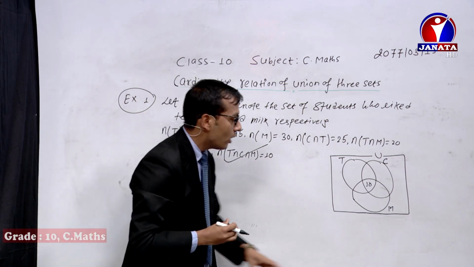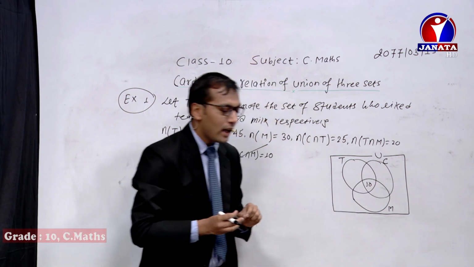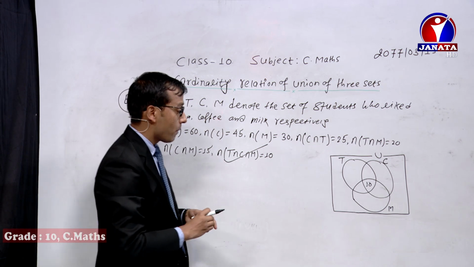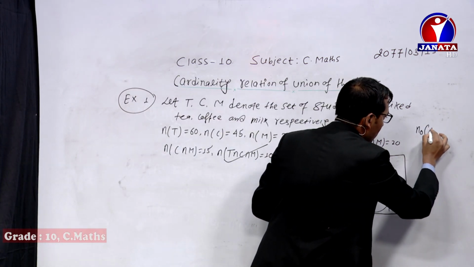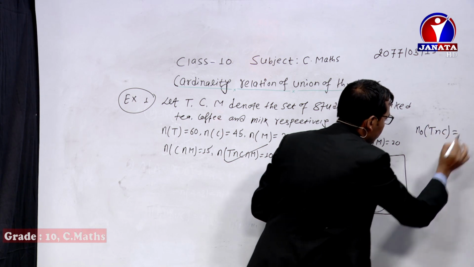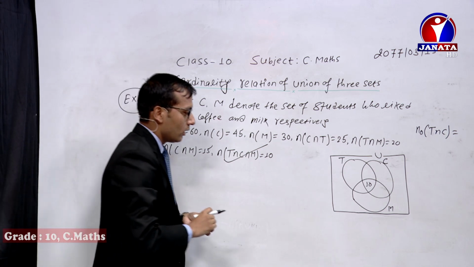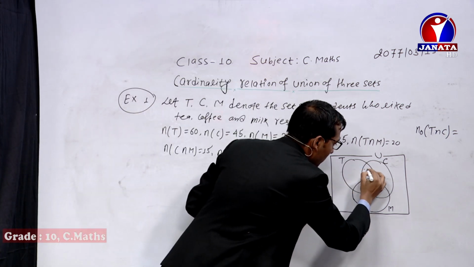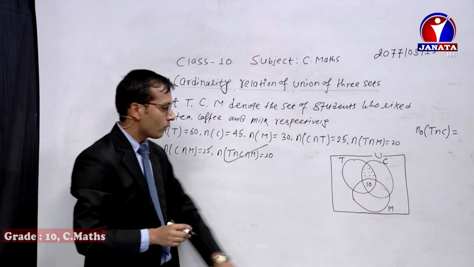What is the number to be inserted in this shaded region, n only T intersection C? How do we find it?